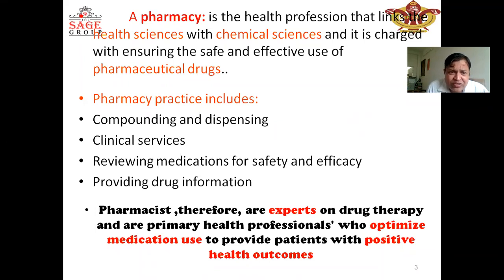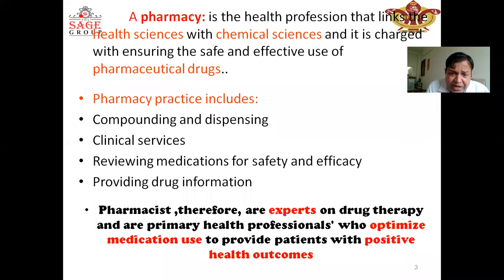It is charged with ensuring the safe and effective use of pharmaceutical drugs. By this definition, you can easily understand what pharmacy and community pharmacy are.